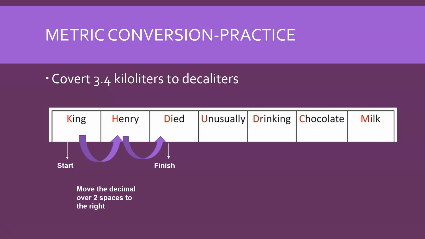So I'm going to move my decimal, this decimal right here, 2 spaces, and I'm going to move them to the right because that's the direction my arrows went. Which means 3.4 kiloliters is actually 340.0 decaliters. See, that's not so bad. Now keep going to get some more practice.